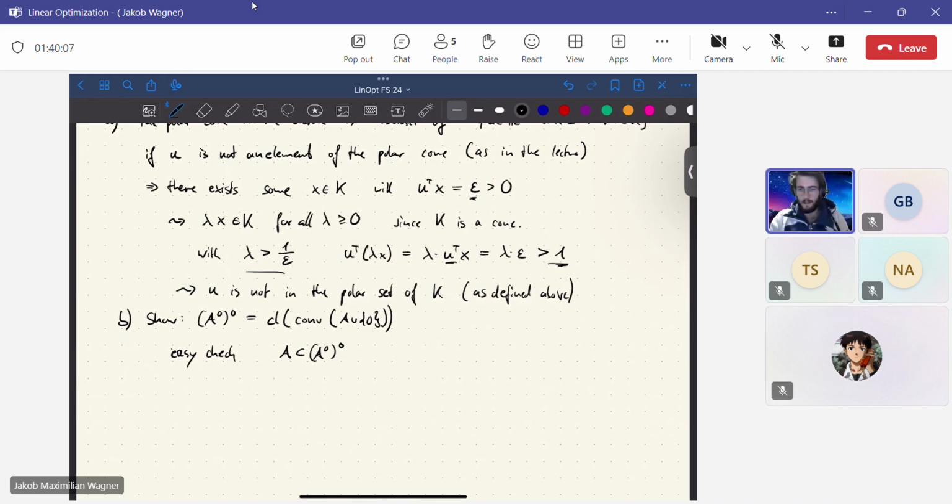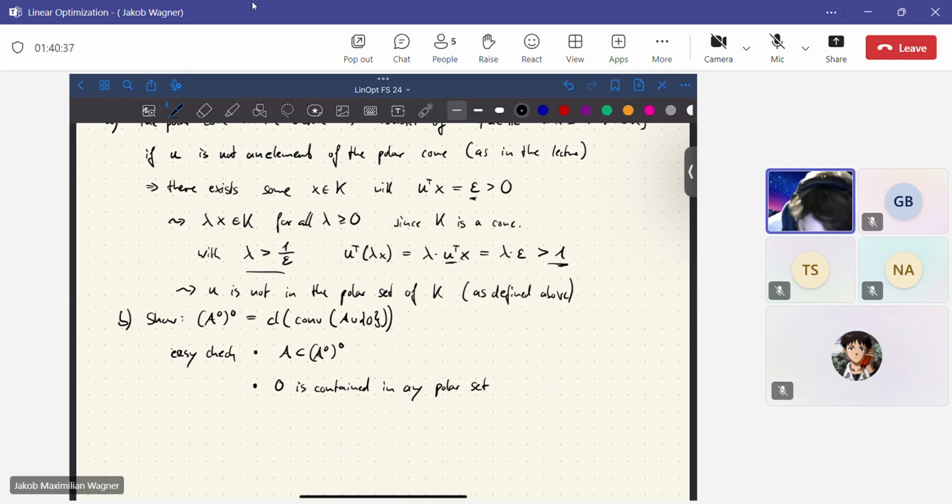Just by the definition of the polar, we immediately get this. We also have that 0 is contained in any polar set, because 0 times any vector is always 0, which is always less or equal than 1. So 0 is in any polar set.